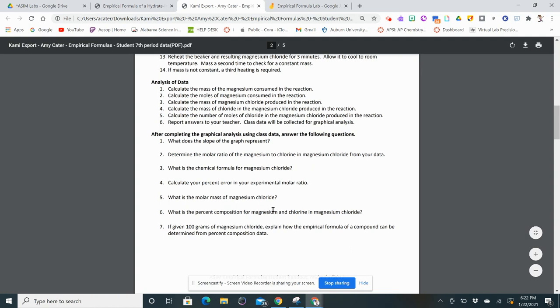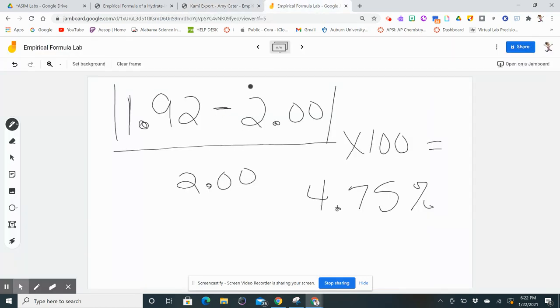Number 5, what is the molar mass? You're just going to use your periodic table and add up the mass of magnesium and the mass of 2 chlorines. So that's 24.31 plus the mass of 2 chlorines, which turns out to be 70.9.